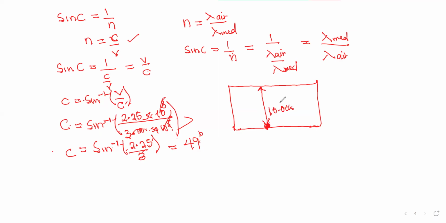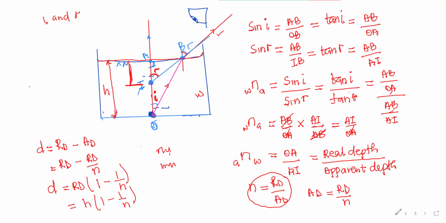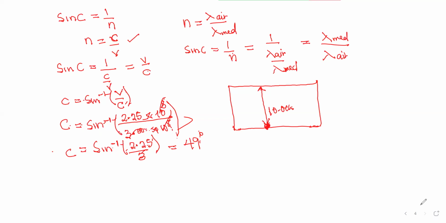If the refractive index of water is 1.33, what would the object appear to be displaced by? So I've taken you through this concept of vertical displacement. Please quickly determine that for me. 2 minutes.